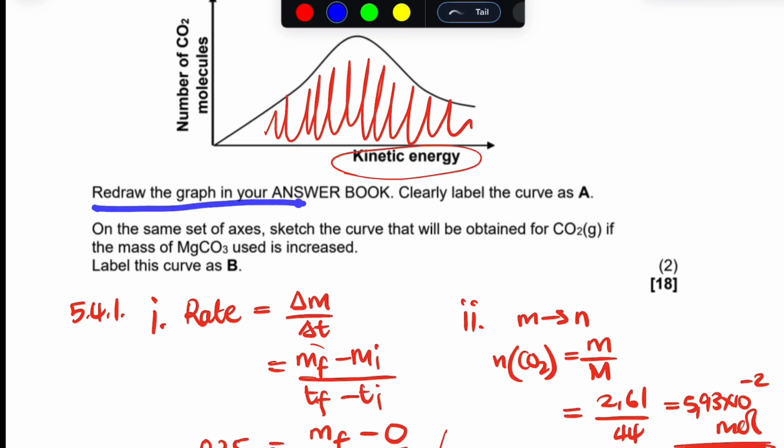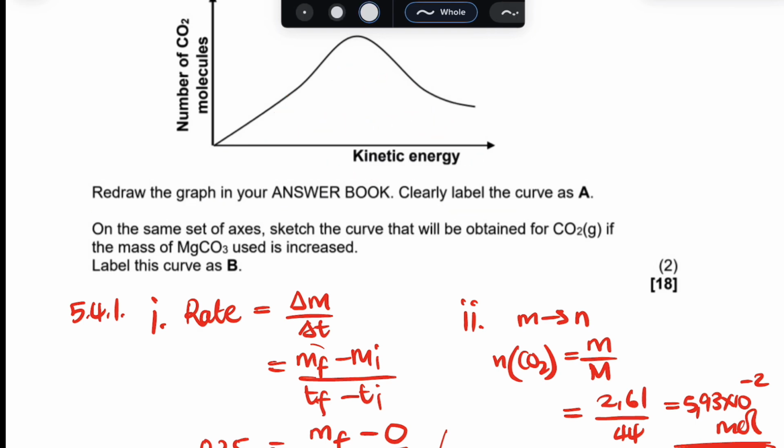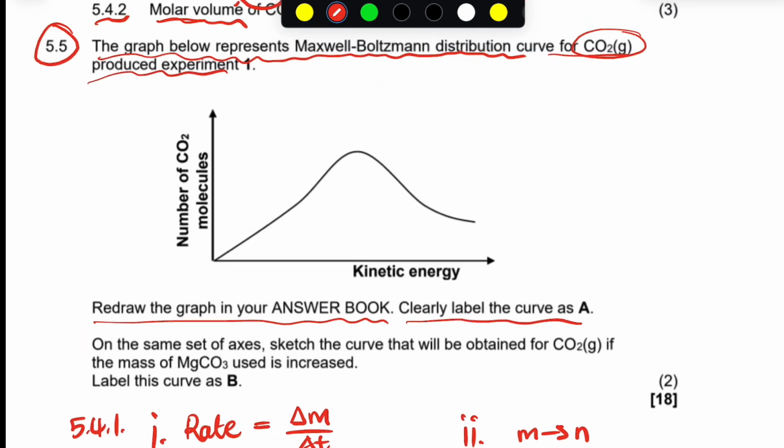Now it says redraw the graph. I'm not going to redraw it, guys. I'm going to pretend this is what I've redrawn there, right? I'm going to draw it here. Now it says redraw the graph in the answer book and clearly label it A. So this is my A, right?